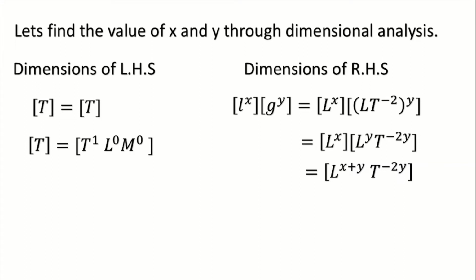We know that to be a correct equation, the dimension of the left hand side must equal the dimension of the right hand side. So I am going to consider the powers of the dimensions, then we can find x and y. First I consider the powers of L. I get the equation x plus y equals 0, because on the right hand side the power of L is x plus y and on the left hand side the power of L is 0.